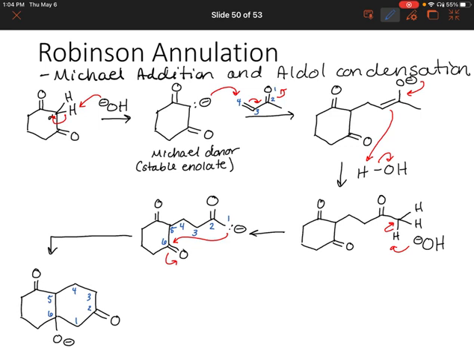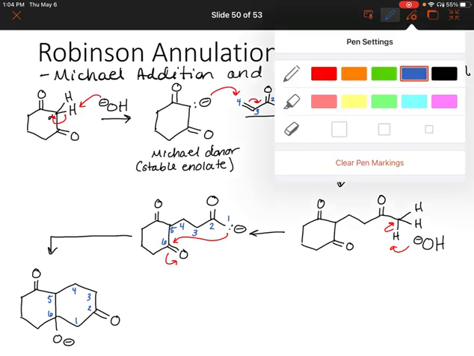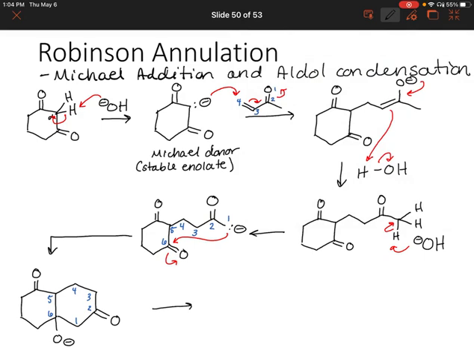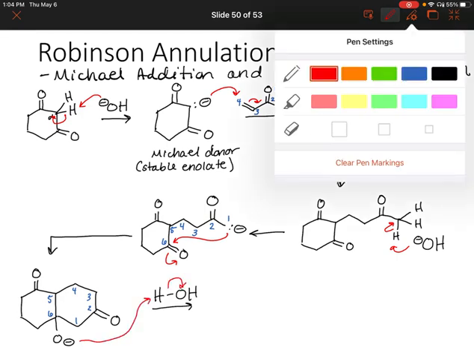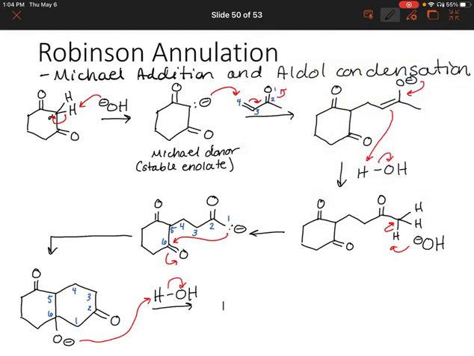And then carbons 5 and 6 are the ones that are connected to the original ring. And carbon 6 has a negatively charged oxygen now. So now we just have to protonate that negative oxygen. So we could use water that formed in the last step. And that will give us an alcohol at carbon 6.